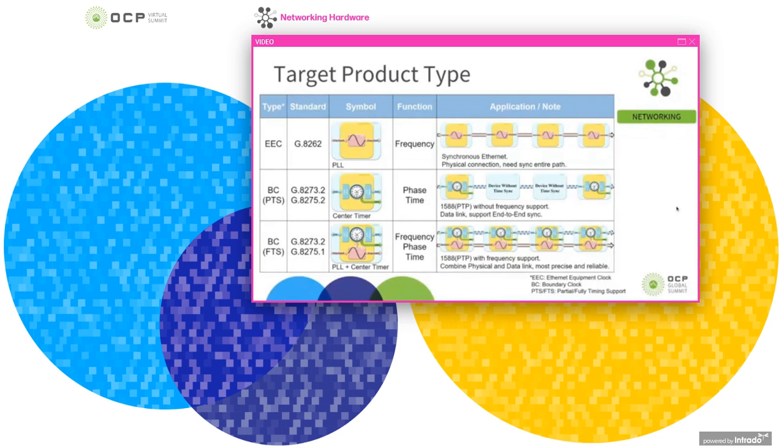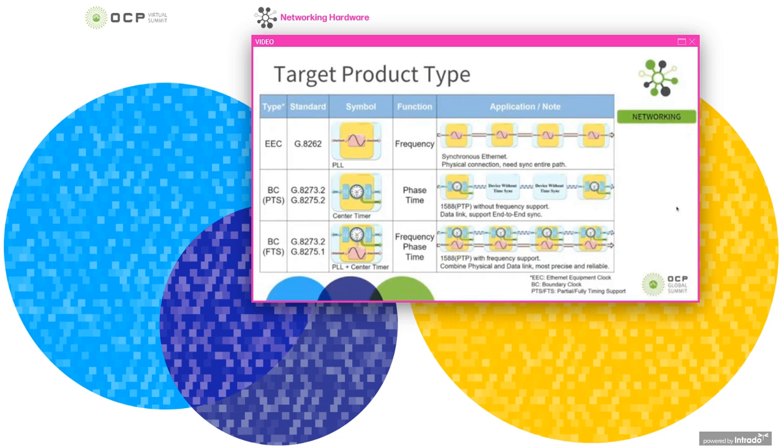You can use two partial time support boundary clocks to achieve end-to-end synchronization, because the timing packet can go through the unknown network and then be sent to the target, and then the target side can receive it and achieve time sync.